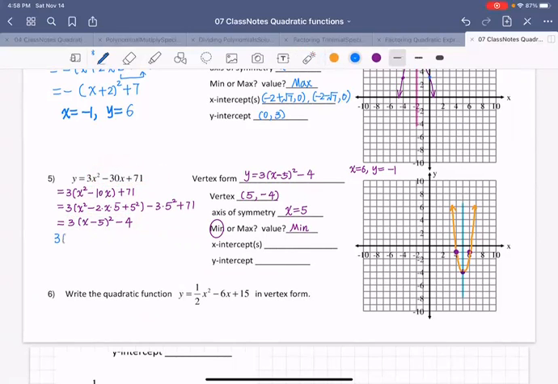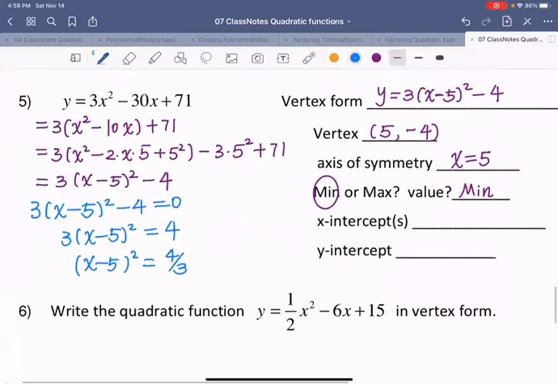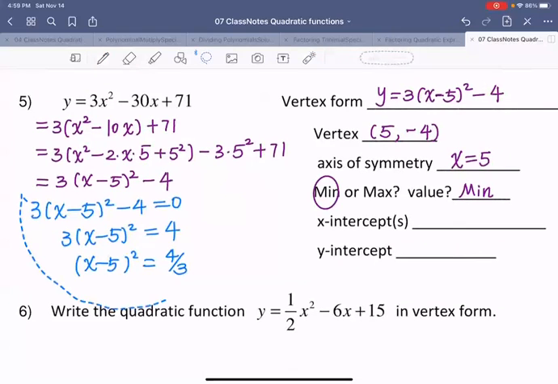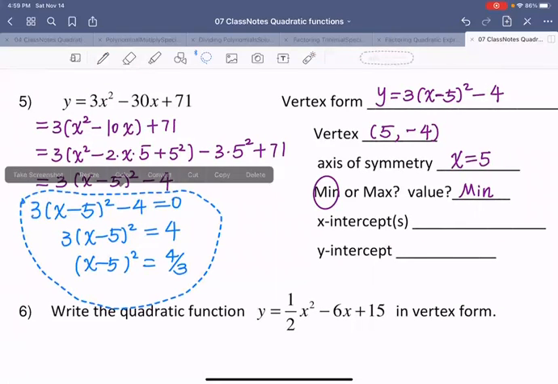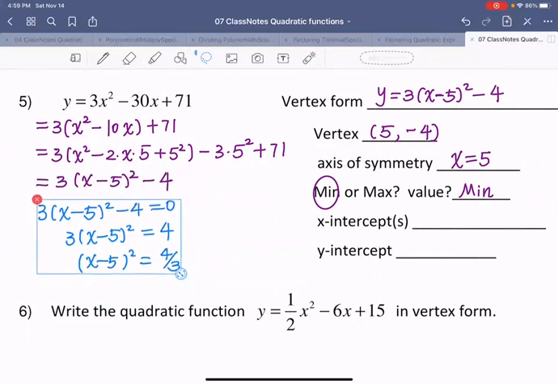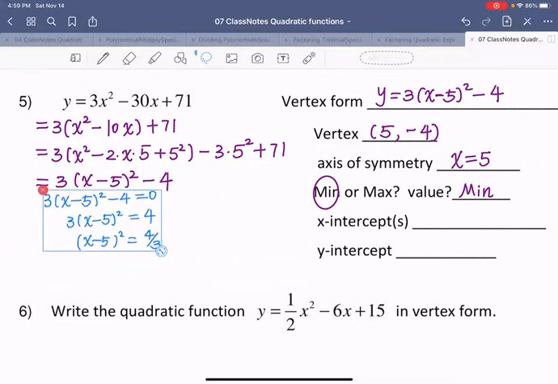So we make 3 times the square minus 4 equals 0. That's why this guy equals 4, and divide by 3. Then x minus 5 should equal what? Square root of 4/3, positive and negative.